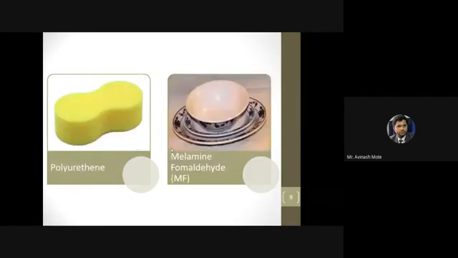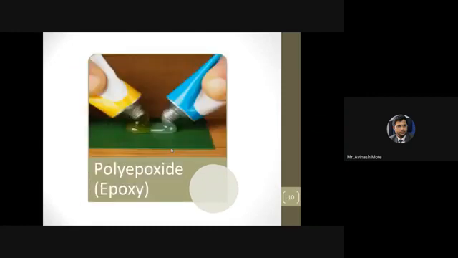So you will find every household application, foams, epoxy. In every area you will find there is an application of plastic.